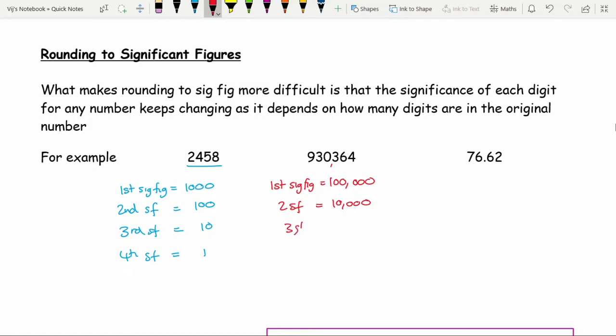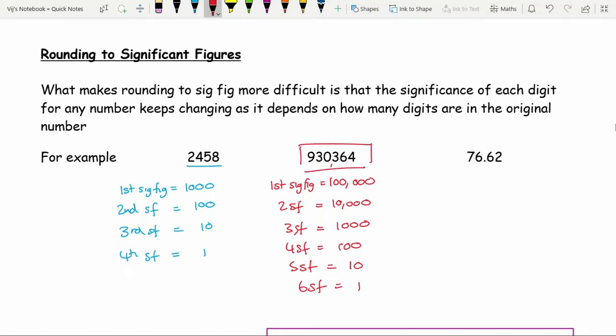My third Sig Fig is 1,000. My fourth Sig Fig is 100. My fifth Sig Fig is 10, and my sixth Sig Fig is a unit. The reason it goes up to six significant figures is because I've got 6 digits in this number.